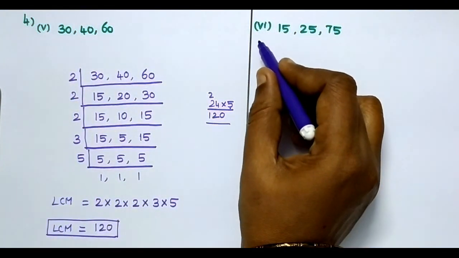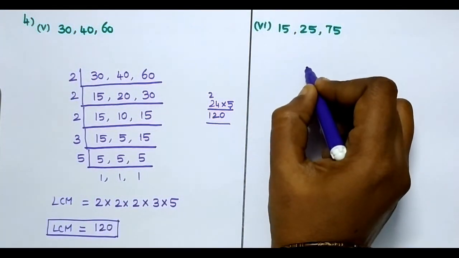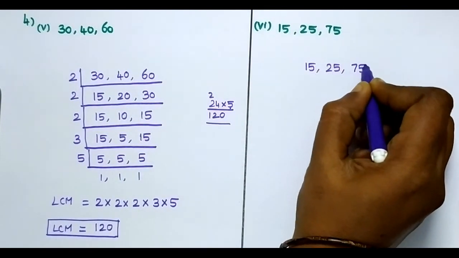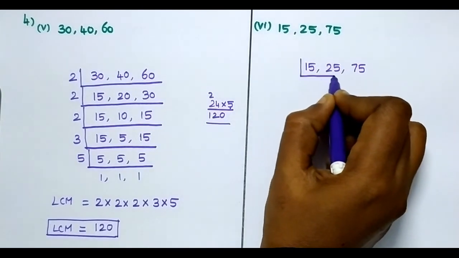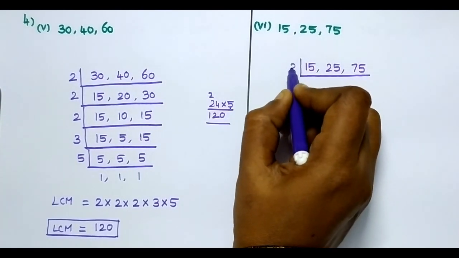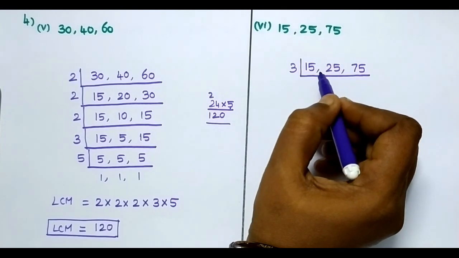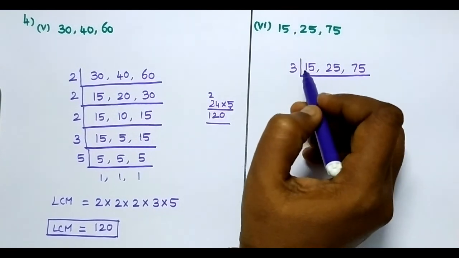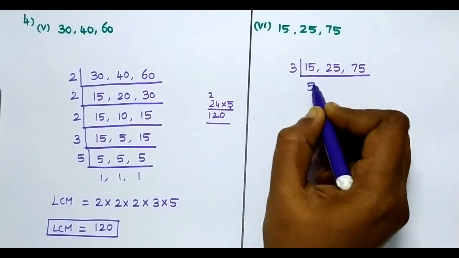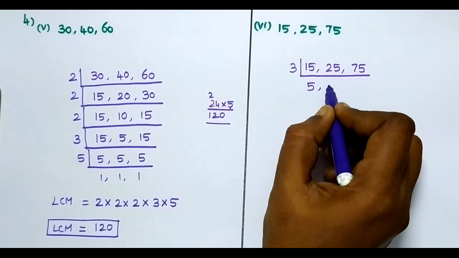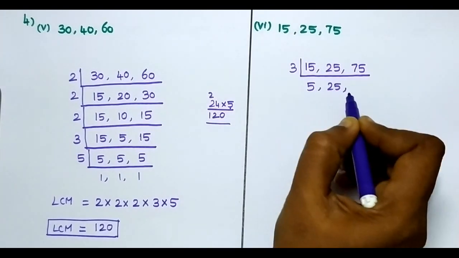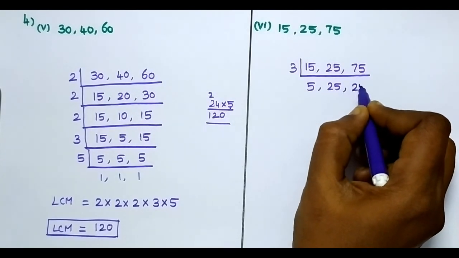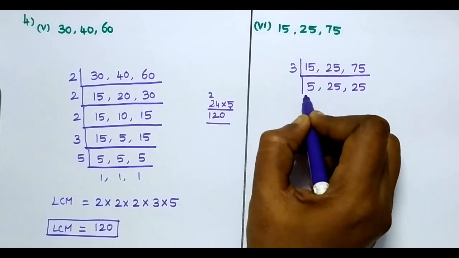Next one, sixth subdivision, 15 comma 25 comma 75. First divided by least number. 2 is the least prime number. That is not possible. So next number 3. 5 3s are 15. 25 is not in the third table. Write down as it is. 75. 25 3s are 75.